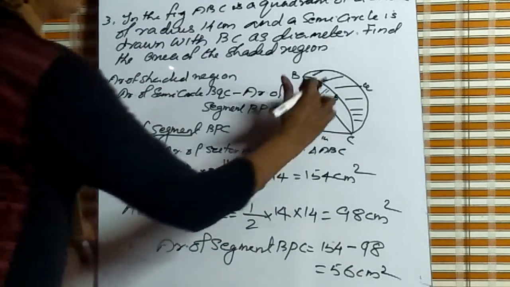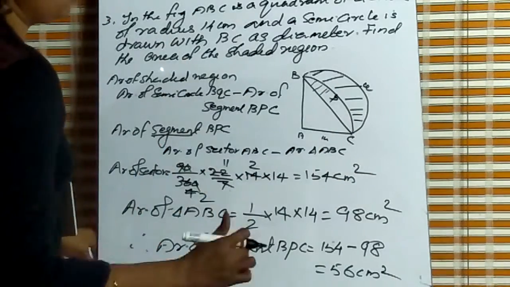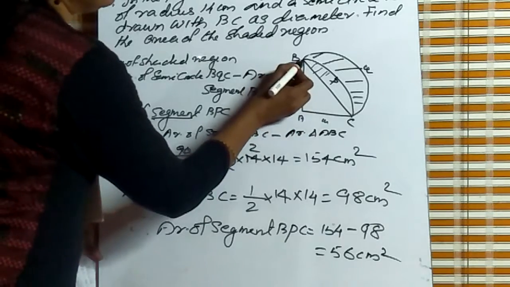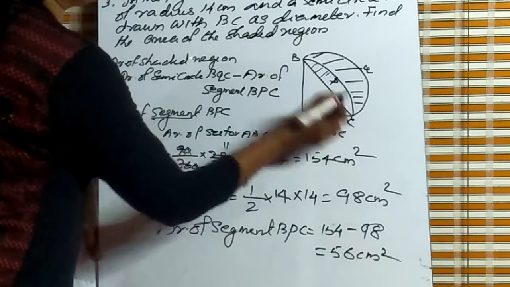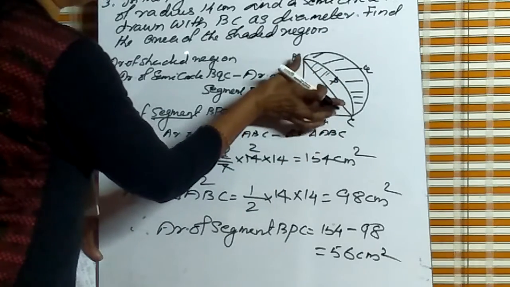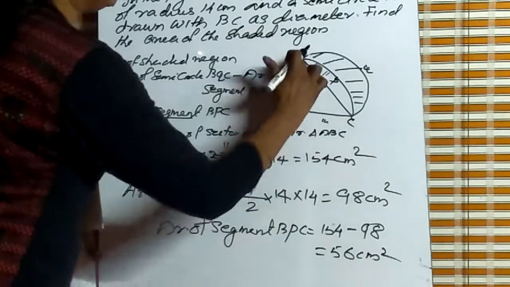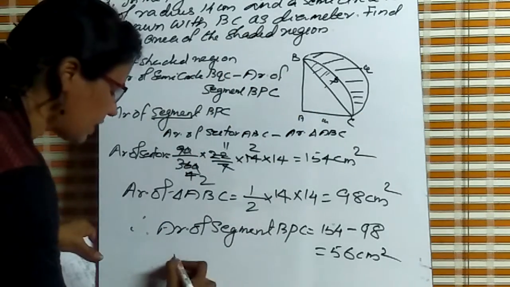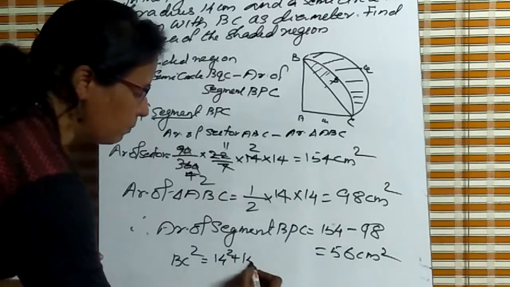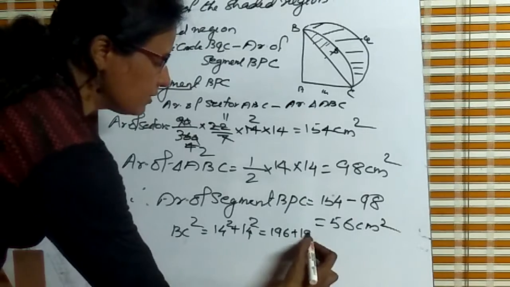Now we have to find the area of this semicircle. For that we need the radius. BC is the diameter, so BC by 2 is the radius. How to find BC? ABC is a right angled triangle, so BC square is equal to 14 square plus 14 square is equal to 196 plus 196.